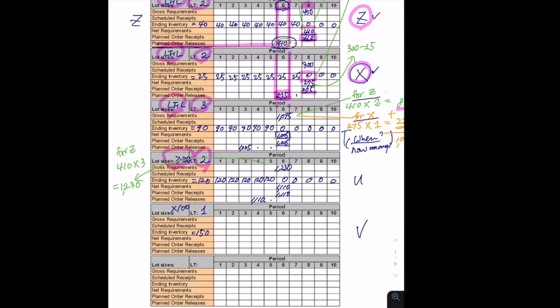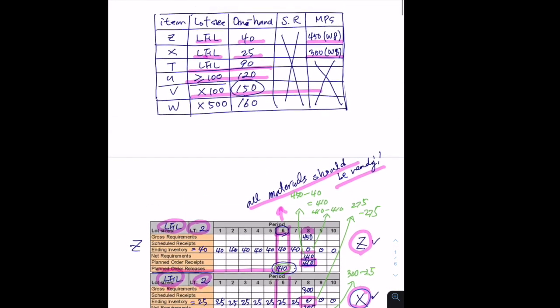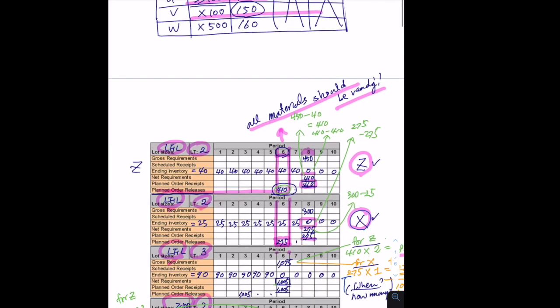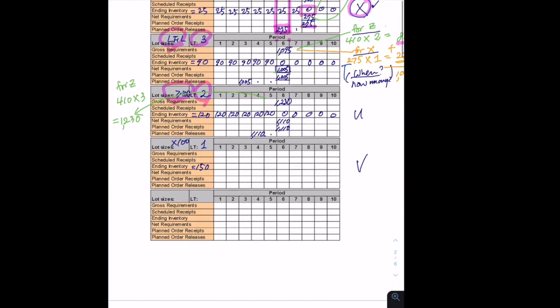And again, we will look at gross requirement first. When do you need and how many you need? When do you need? In this case, what is the parent item? Parent item is U. So let's look at the matrix for U. If you look at the matrix for U, the parent, you want to receive this 1,110 items in week 6.